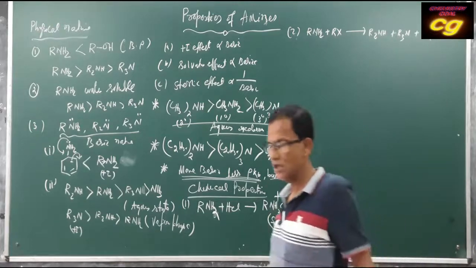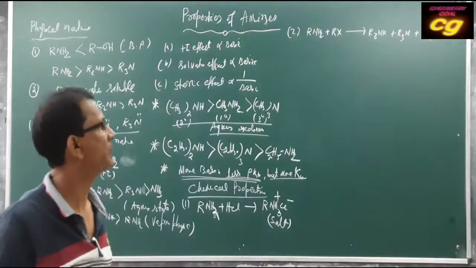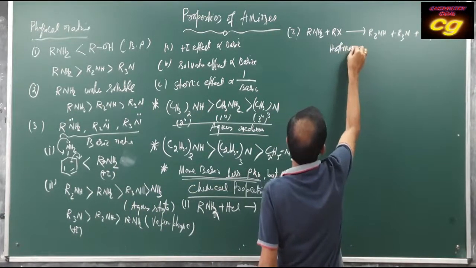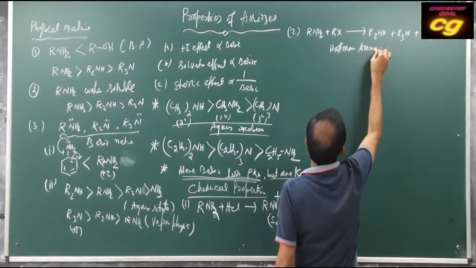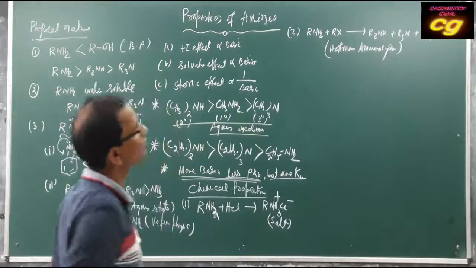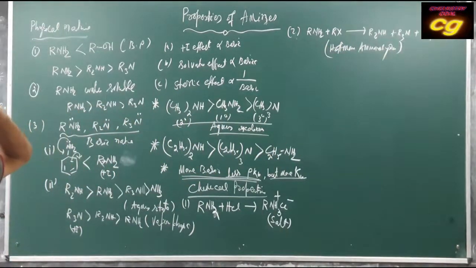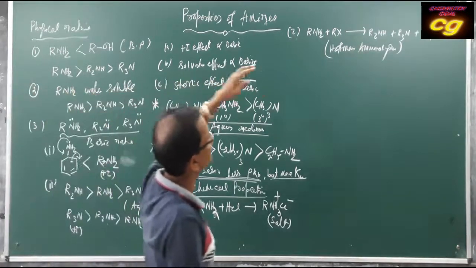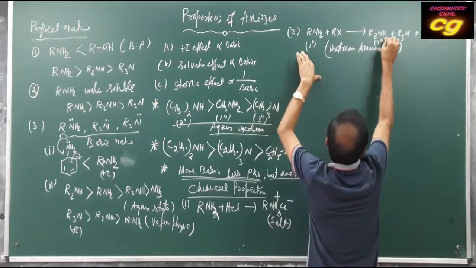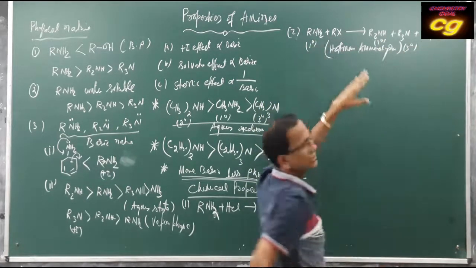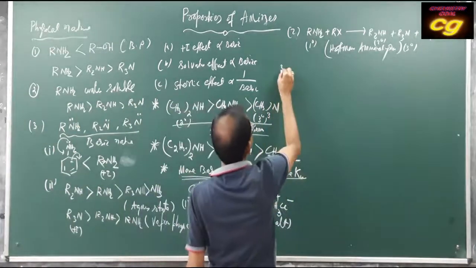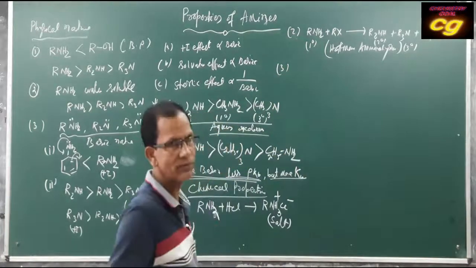Already we have discussed this in the preparation of amines, and this reaction is called Hofmann ammonolysis, formation of primary, secondary, tertiary amine. But as you have taken primary amine, we get secondary, tertiary and quaternary salt.